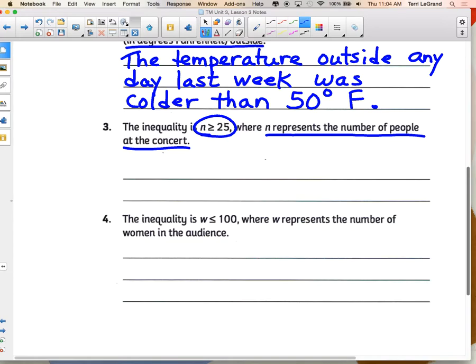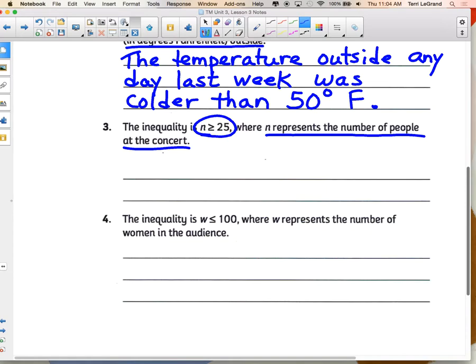If there were more than 25 people at the concert, we've got to be careful, because would that include the 25? No, more than means 25 is not included, but all the numbers past 25, so 26, 27. But look at what's in our inequality symbol, the equal to bar. So we can't use the words more than, we're going to have to do it a different way.